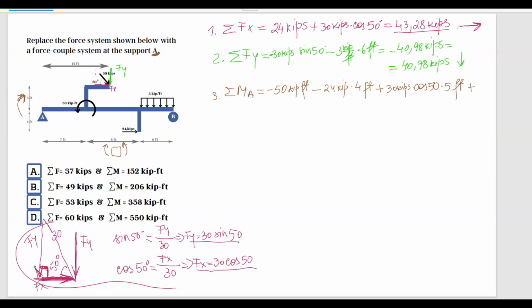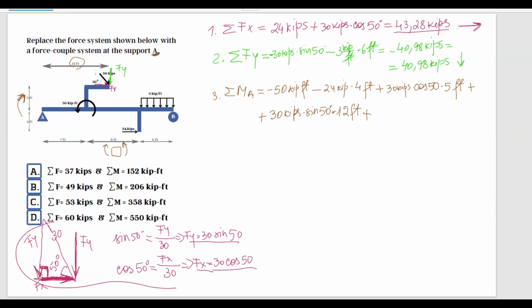And then I have plus. I'm going to add the y component, and the y component is 30 kips multiplied by sine of 50 degrees, and the arm is 12 feet here. And next, I will have this distributed load rotating clockwise.